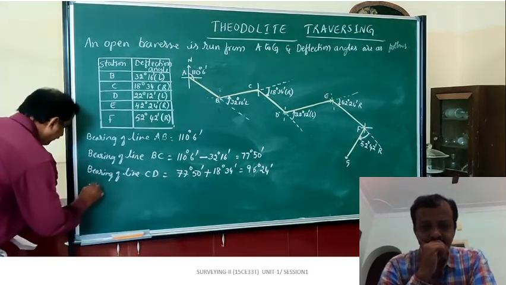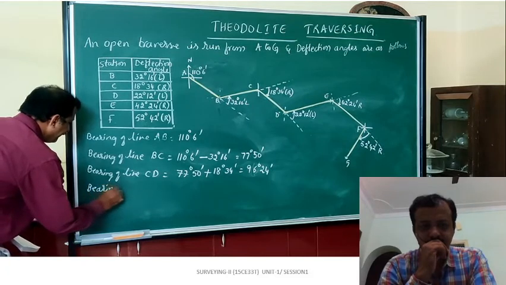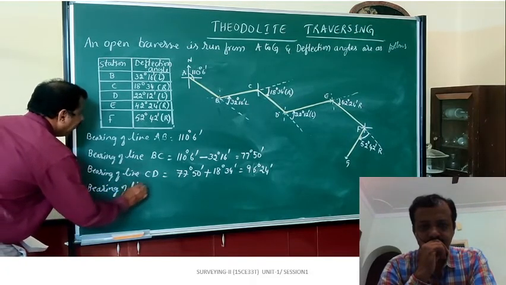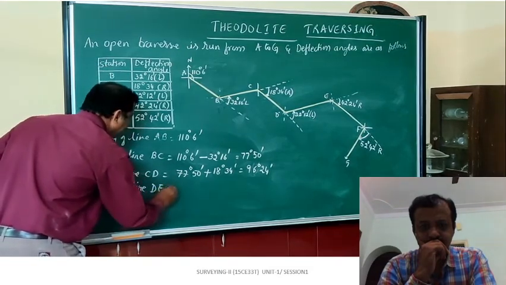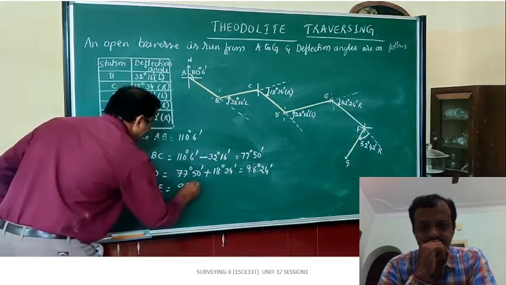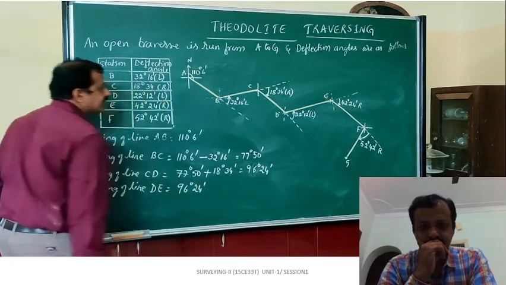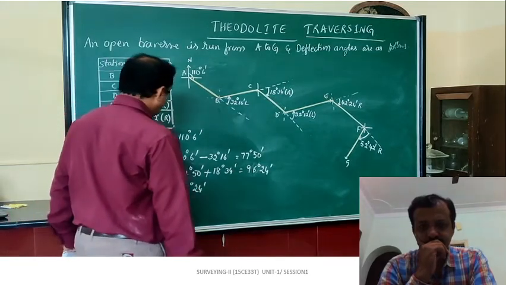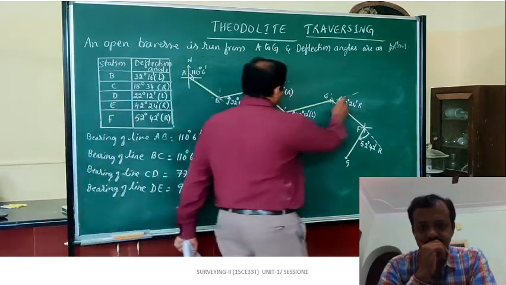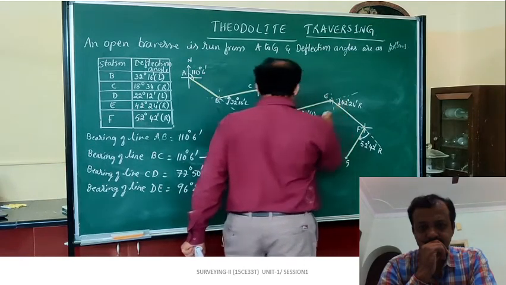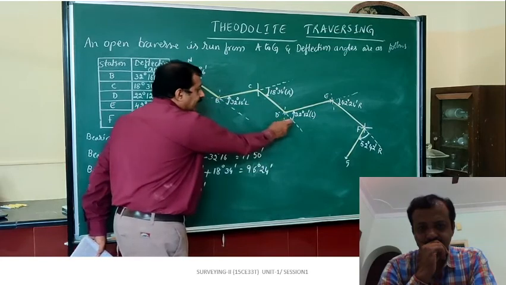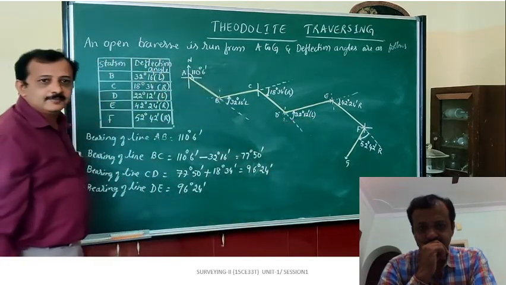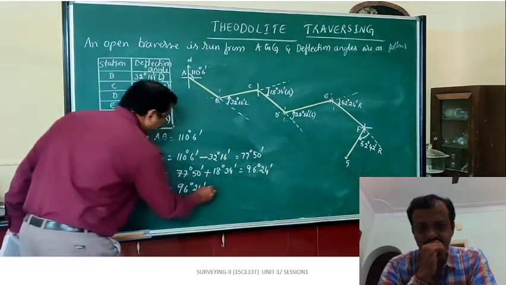Similarly, the bearing of line DE is equal to 96 degrees 24 minutes. We should know the deflection angle at D. Is it to the left or right? Left. So what do I have to do?